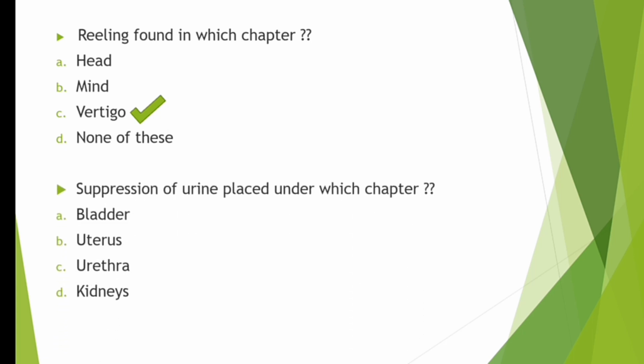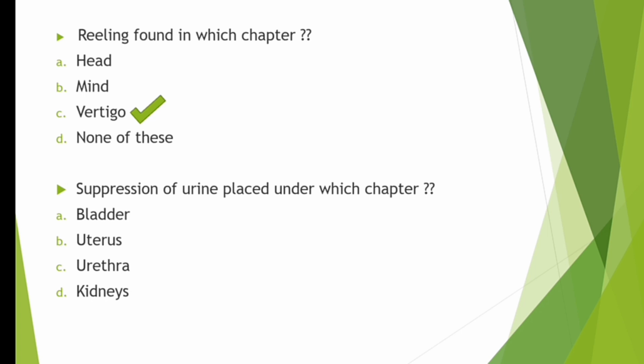Then suppression of urine is placed under which chapter? Here also we can easily exclude the options. B we can easily exclude, uterus is totally different. Then urethra you can exclude. Now we have two options, bladder and kidneys.